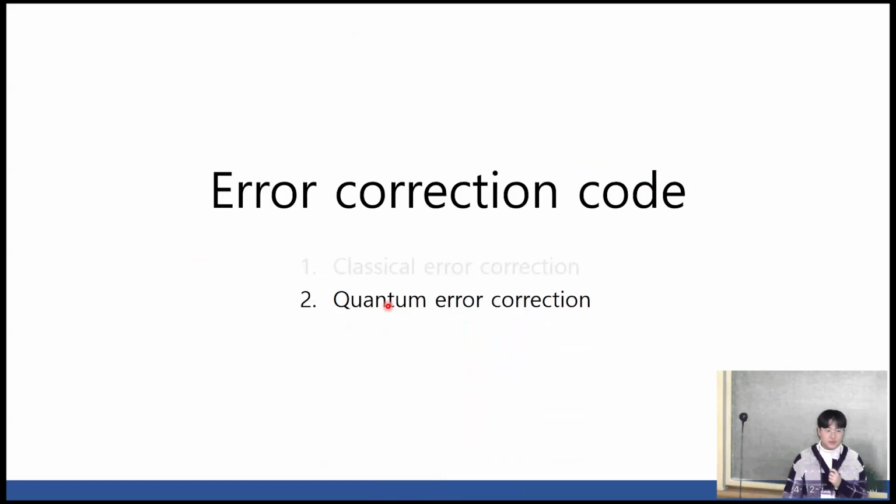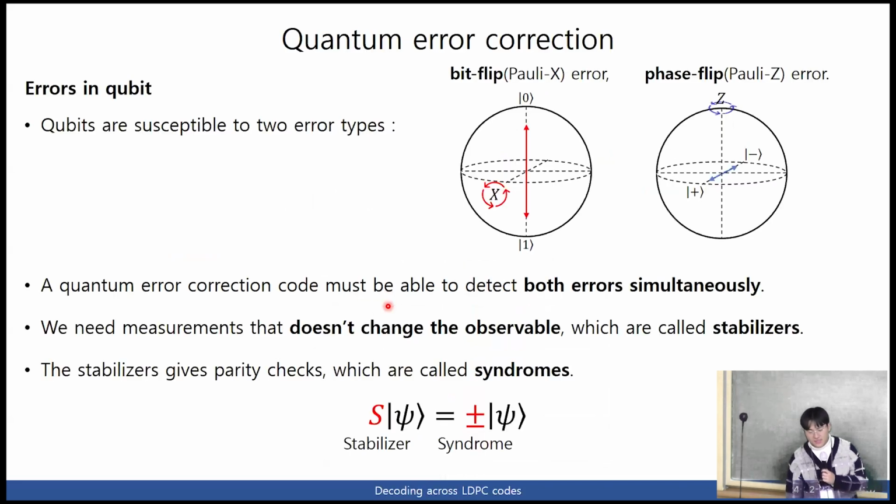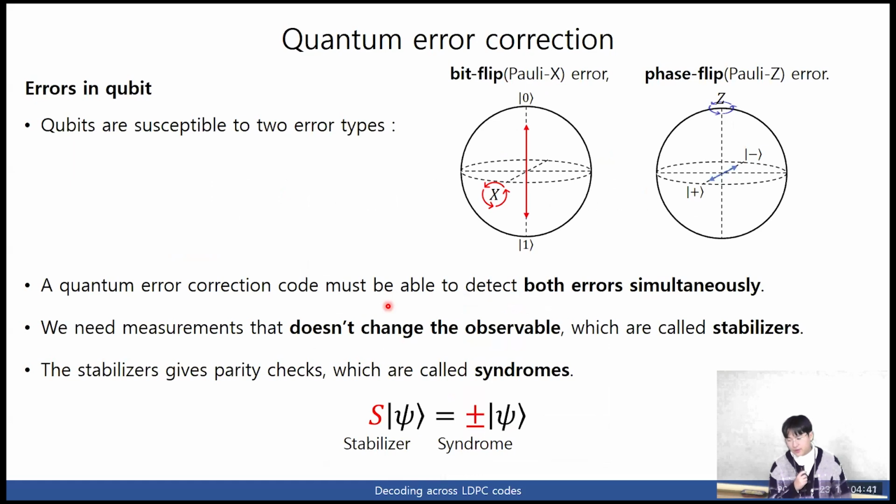So that was the classical error correction, but things get a little bit complicated when it goes to quantum. Because our qubit has two types of errors, bit flip errors and phase flip errors, the error correction code must be able to detect both errors simultaneously.